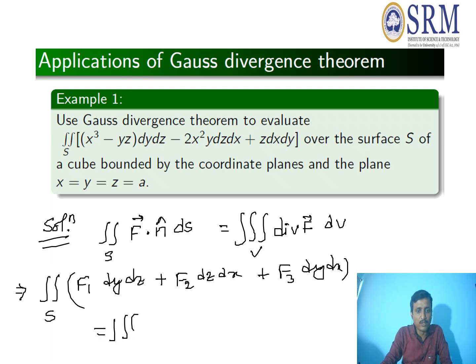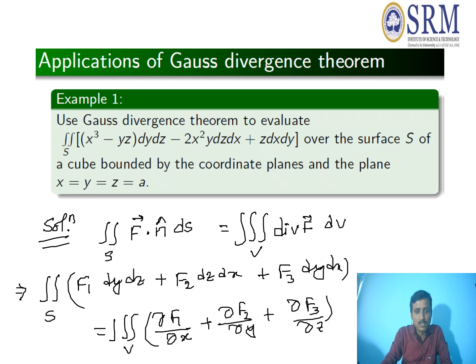And the RHS is the volume integration over V of the divergence of F, that means ∂F1/∂x plus ∂F2/∂y plus ∂F3/∂z, and dV means dx dy dz. Clear?